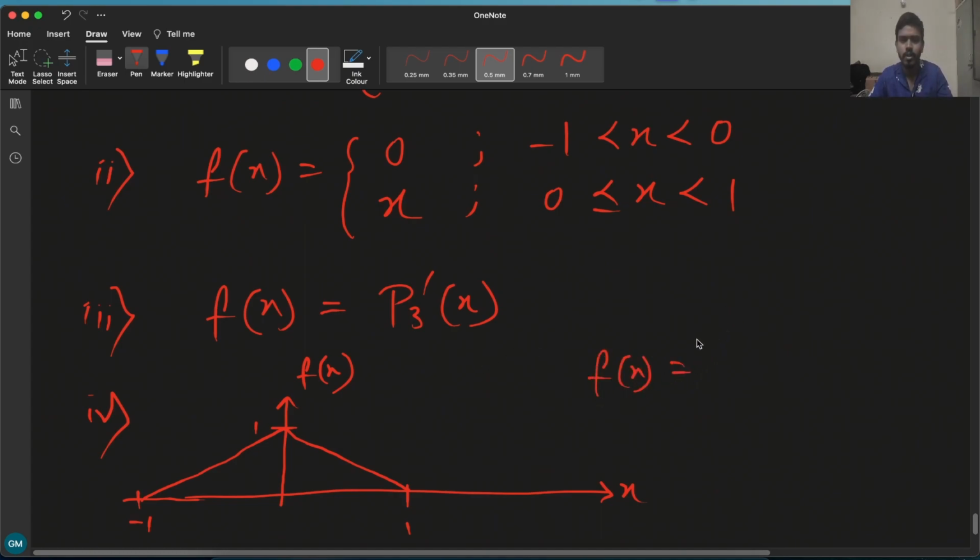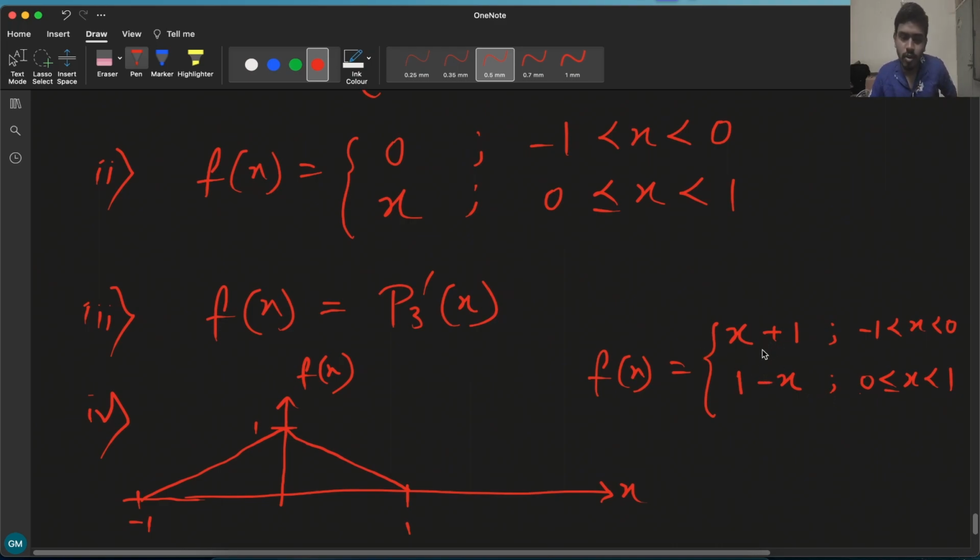The function is basically x plus 1 when -1 less than x less than 0, and it is 1 minus x when 0 less than or equal to x less than 1. This is how the function is defined.